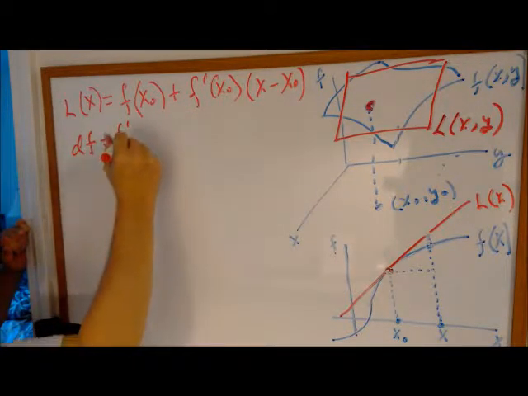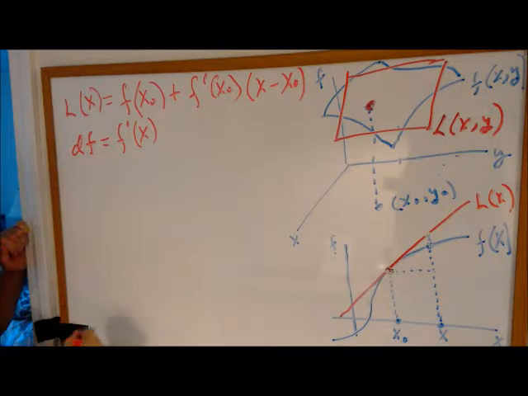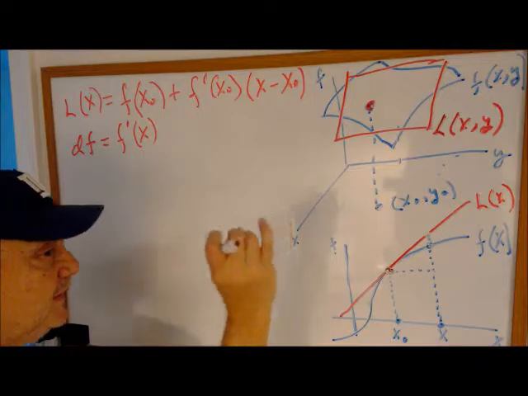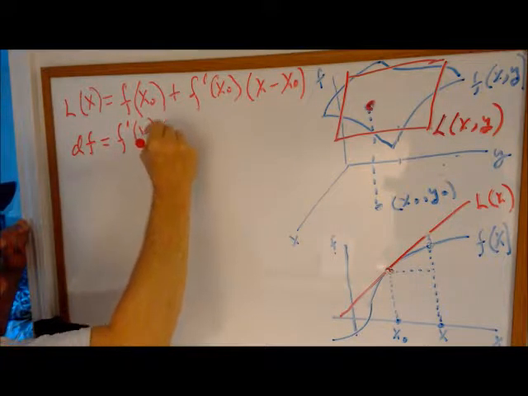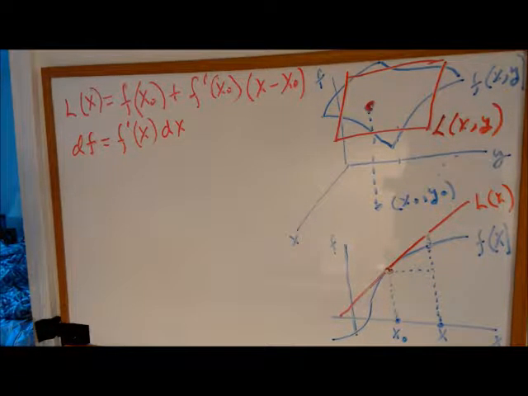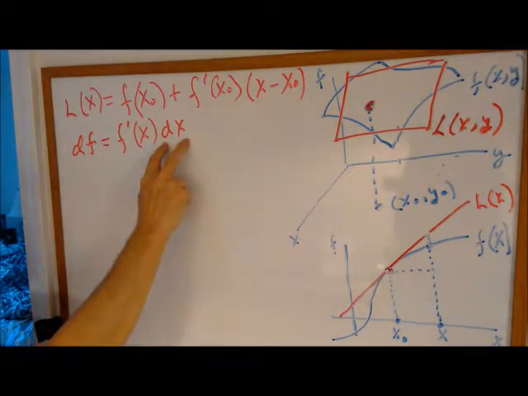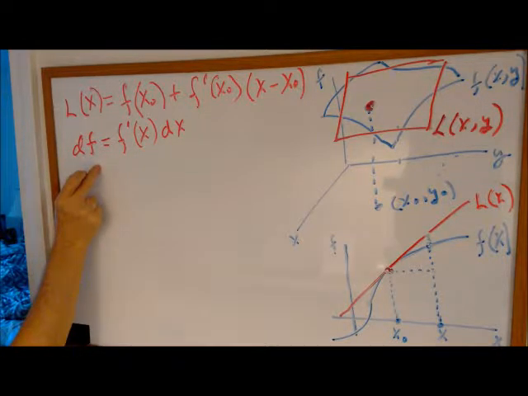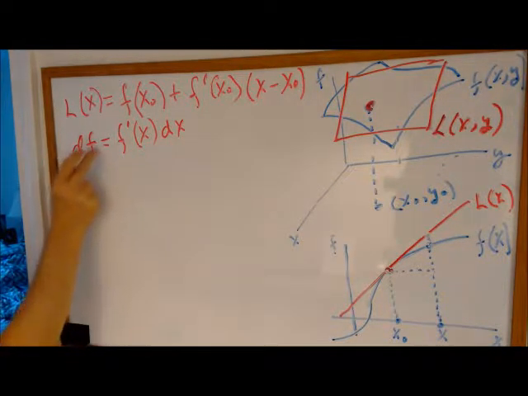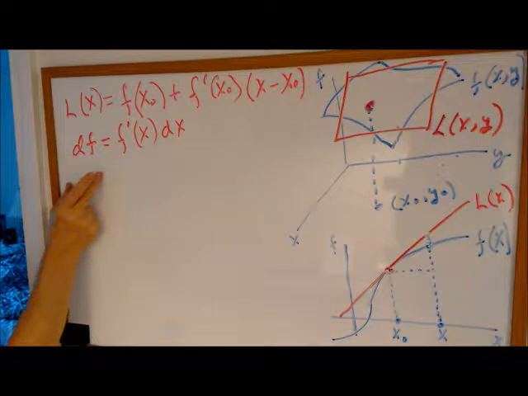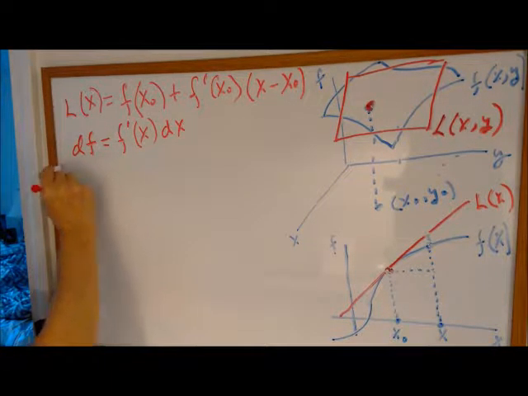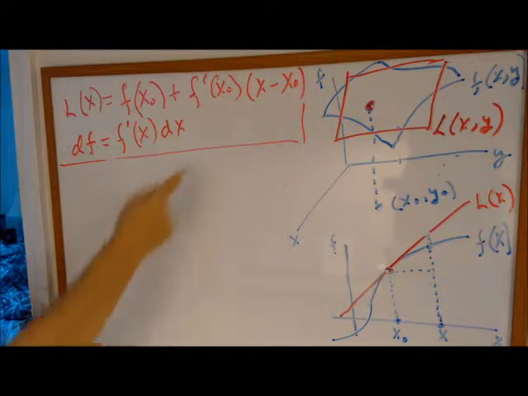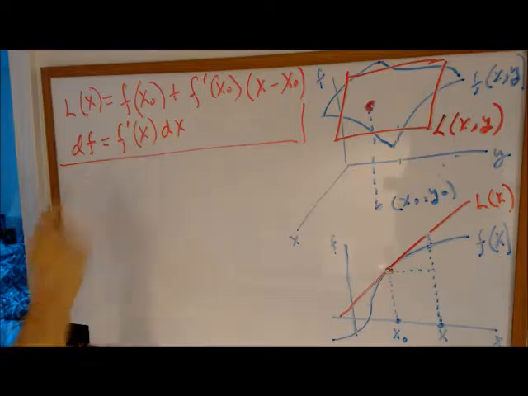So it's the derivative at x times, well, this delta, this change of x, is now an instantaneous change in x, so it's a dx. This is a differential, this is a differential, this should look familiar. If we take this, put it over here, we say the derivative is df, or dy, divided by dx. Okay. So actually this should be in blue because this is true for all x.